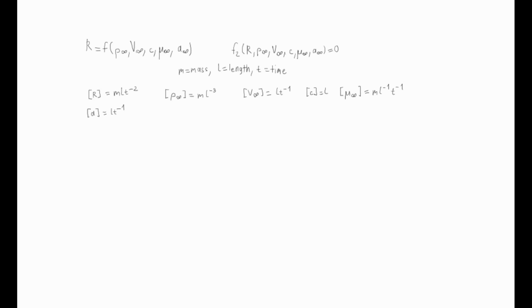Since they only use at most 3 of these fundamental units, k equals 3. Because of that, f2 can be rewritten as a function of 3 pi products, since 6 minus 3 equals 3.